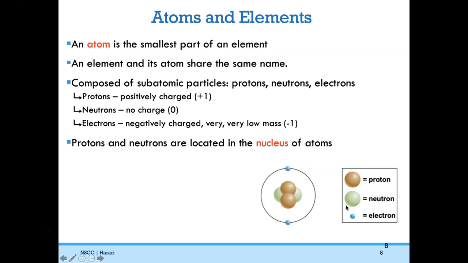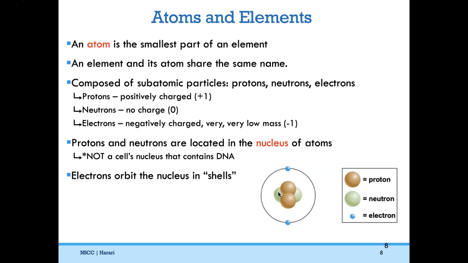This is a structure of how we can draw an atom, and protons and neutrons are located in the nucleus of an atom. Do not confuse this with the cell's nucleus that can contain DNA in eukaryotes. The nucleus in an atom consists of protons and neutrons. The nucleus of a cell consists of DNA. Two separate things. In chemistry, we refer to the nucleus of an atom as the protons and neutrons. The electrons are not in the nucleus.